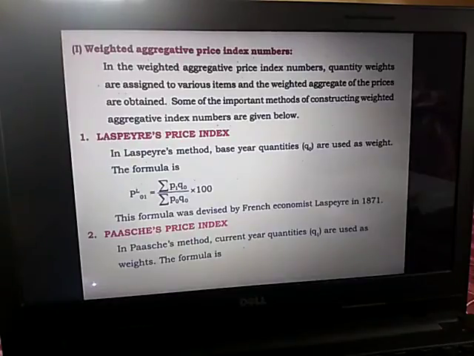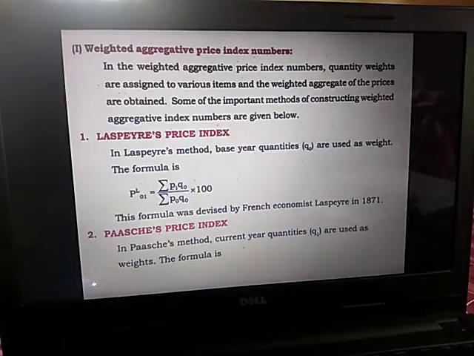Some of the important methods of constructing weighted aggregative index numbers are, first, the Laspeyres price index. In Laspeyres method, the base year quantities, that is Q0, are used as weights. So the formula is P superscript L 01 equals summation P1 Q0 divided by summation P0 Q0 into 100.